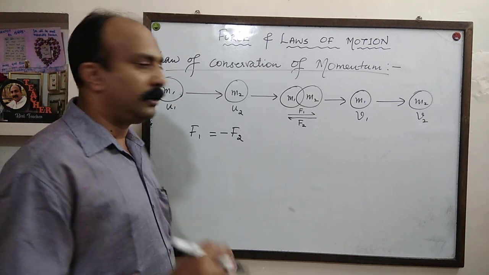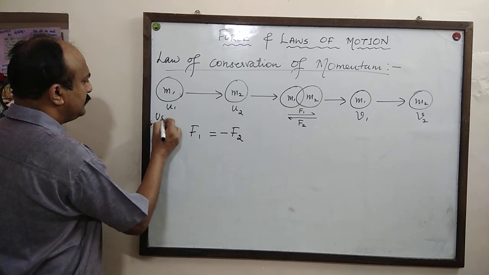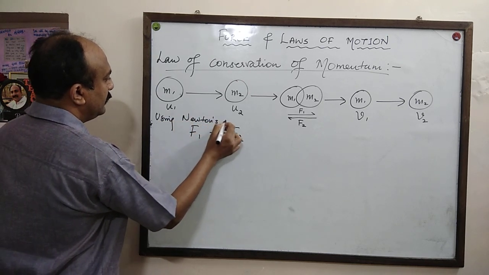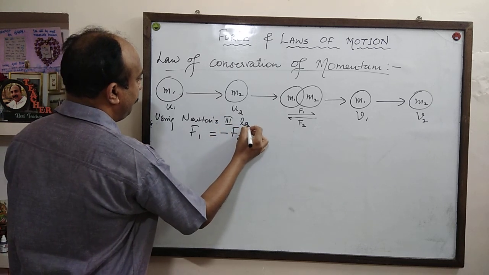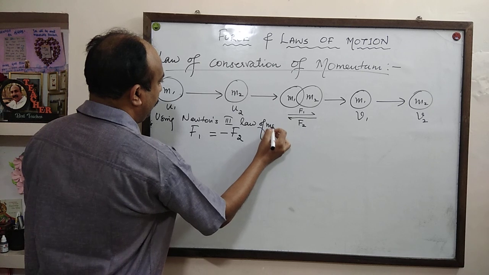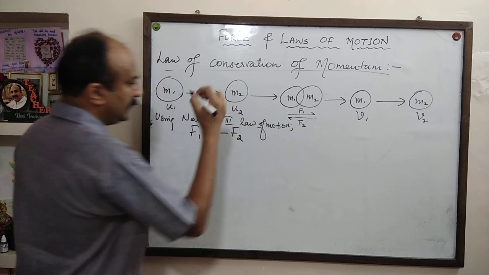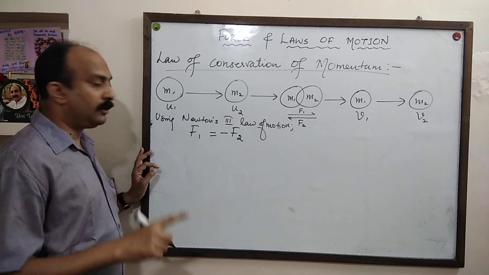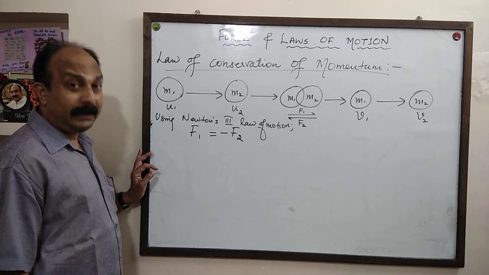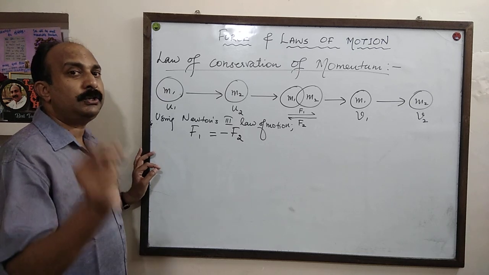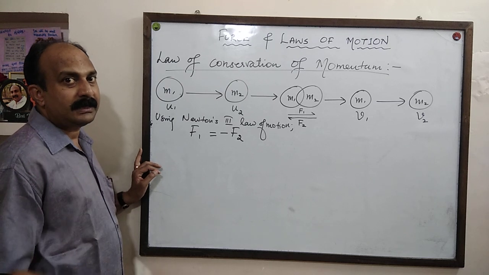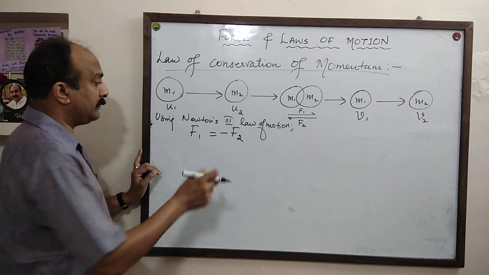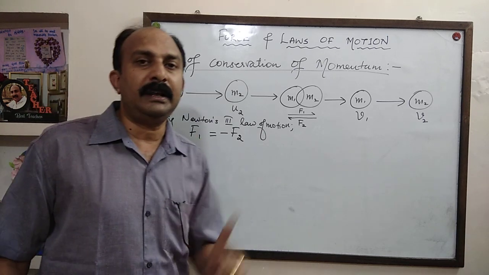Now by Newton's second law of motion, here you can write using Newton's third law of motion, F1 is equal to minus F2. Now, using Newton's second law of motion, what is F1? F1 is equal to rate of change of momentum. Second law states that force is directly proportional to rate of change of momentum. So what is F1? Force exerted by the first body.